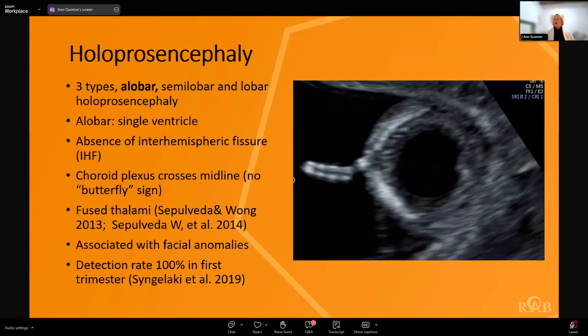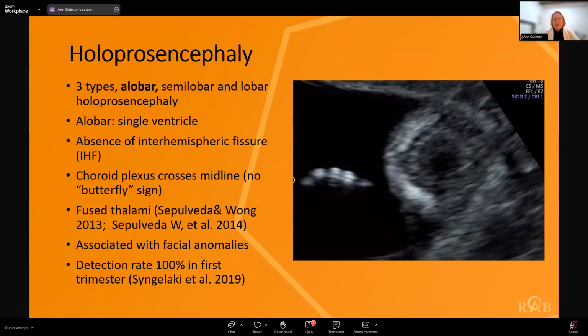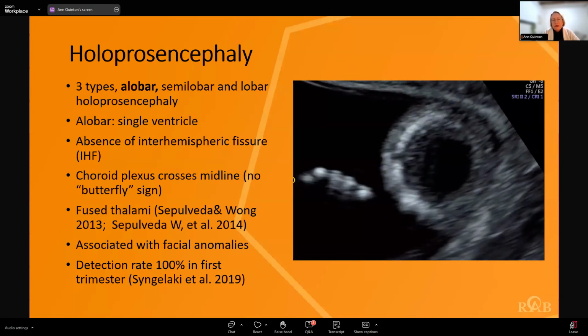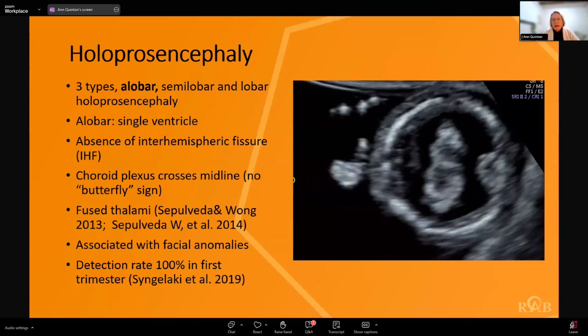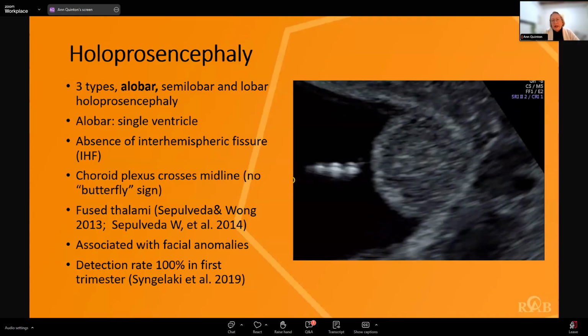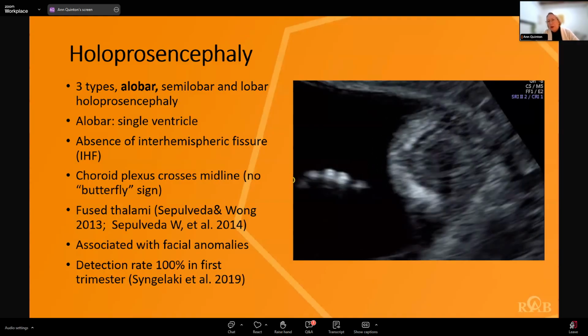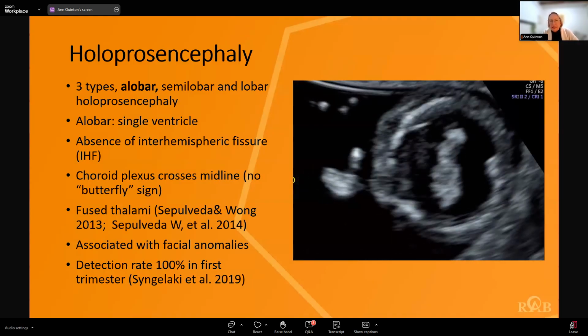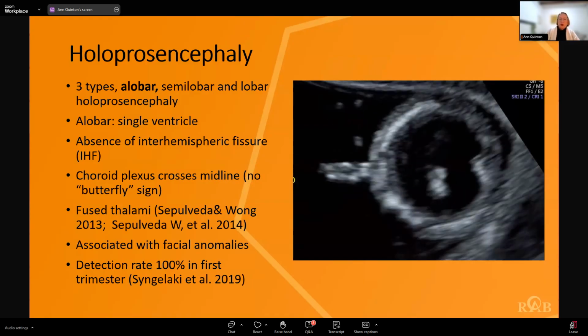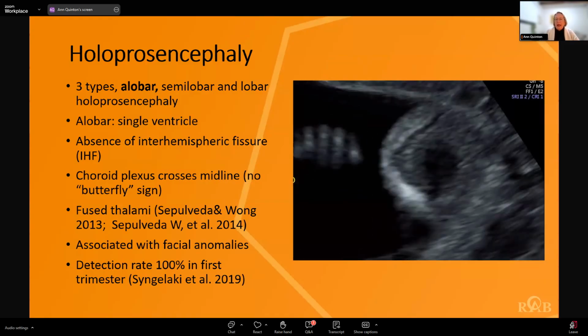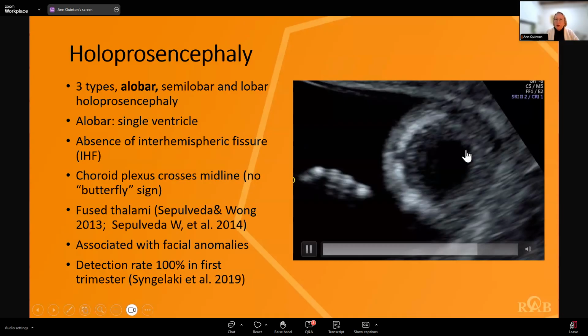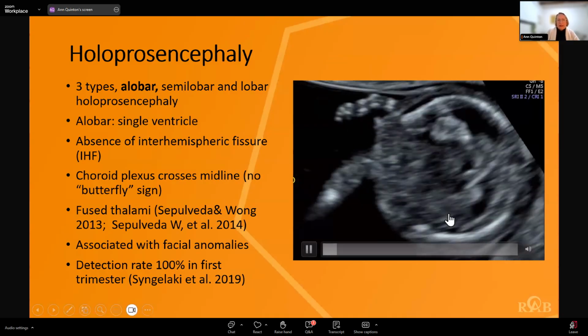All right, so holoprosencephaly. Now, there's three types of holoprosencephaly. There's alobar, semilobar, and lobar. And realistically, the type that we're looking for in the first trimester is alobar, which is the worst type. With alobar holoprosencephaly, we've got a single ventricle, which we can see here.